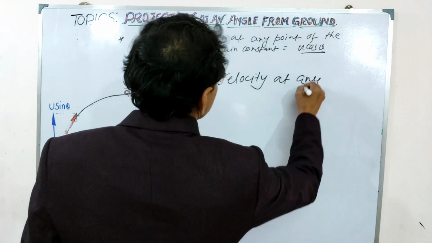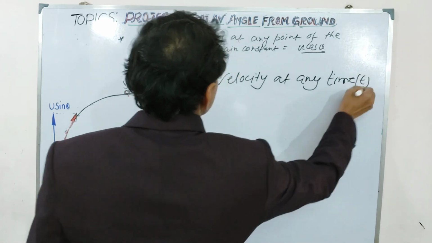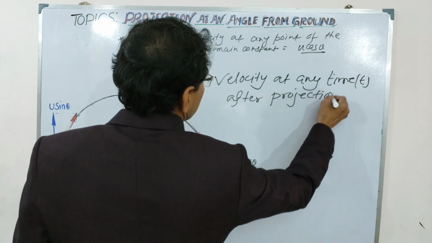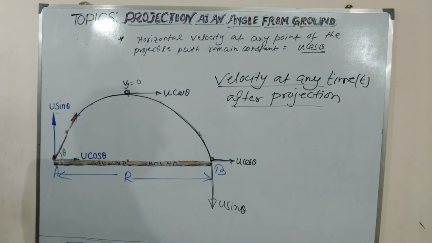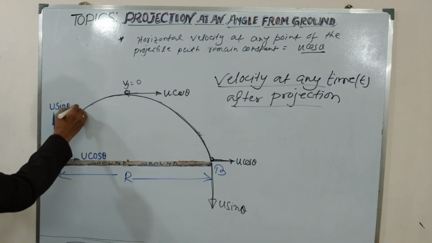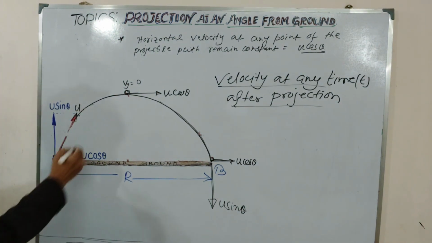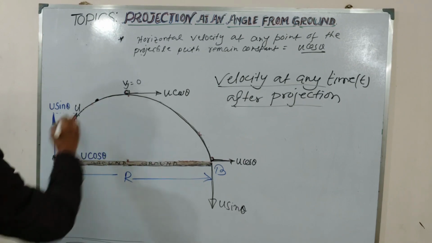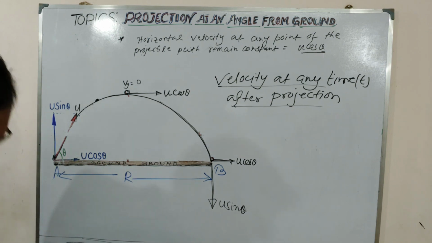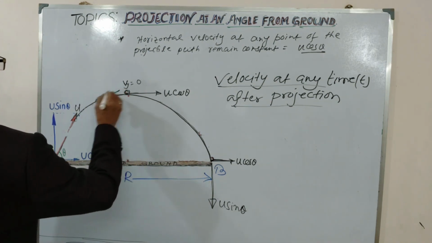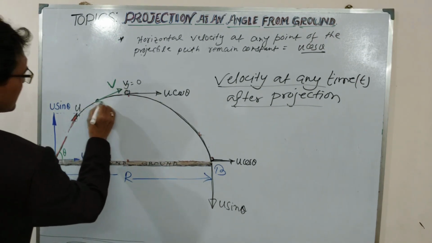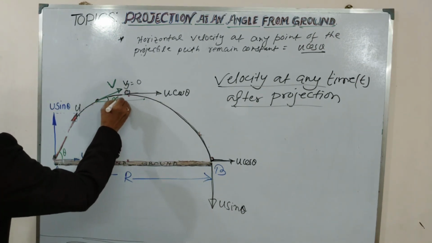Next topic is velocity at any time t after projection. Suppose the particle is projected from here at angle theta, and we want to calculate the velocity at that point. At that point, this is velocity v, and suppose this angle is alpha.